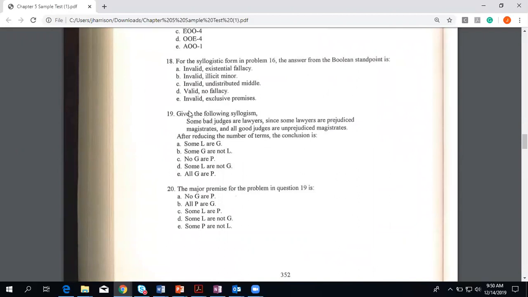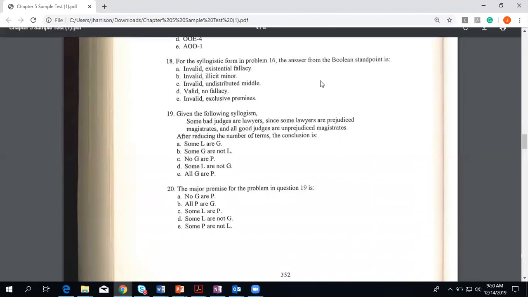Okay, so reducing the number of terms. Some bad judges are lawyers, since some lawyers are prejudiced magistrates, and all good judges are unprejudiced magistrates. Since is a premise indicator, and because it's connected by and, we know that these are our premises.